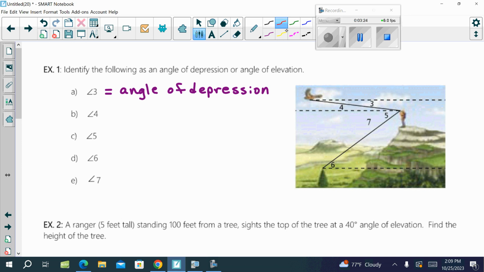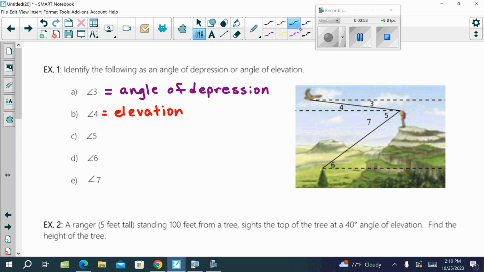Okay, number 4 is on the hiker's line of sight, and the angle 4 is above his line of sight. So what would that be? Elevation. All right, number 5. Angle 5 is also on the hiker's line of sight, correct? But the 5 is below his line of sight, yes?